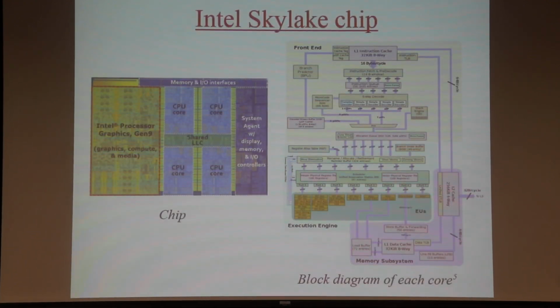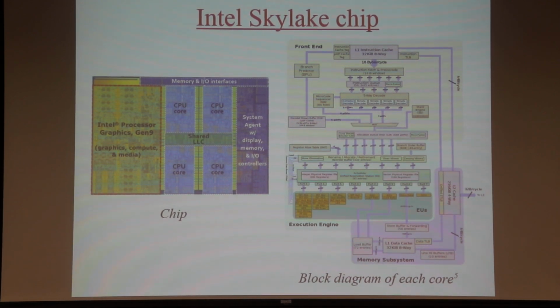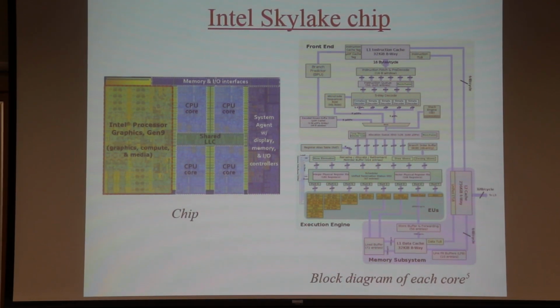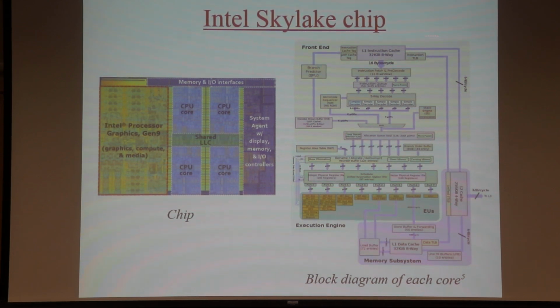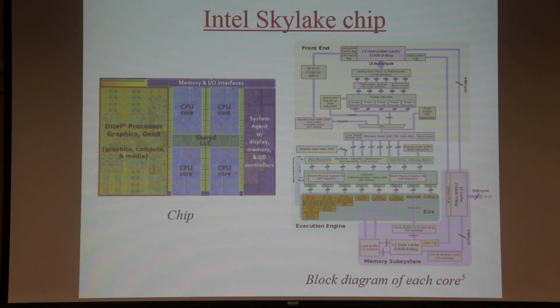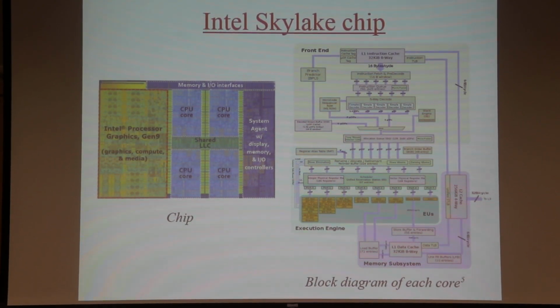Okay, so at this point, you're probably looking at all of this and saying, geez, that is really complicated. Do I really need to understand all of that in order to write shared memory programs for these shared memory multiprocessors? Well, if you think about it, this is actually the block diagram of a single core. So even if you're writing a sequential program, well, do you have to deal with all of that complexity?